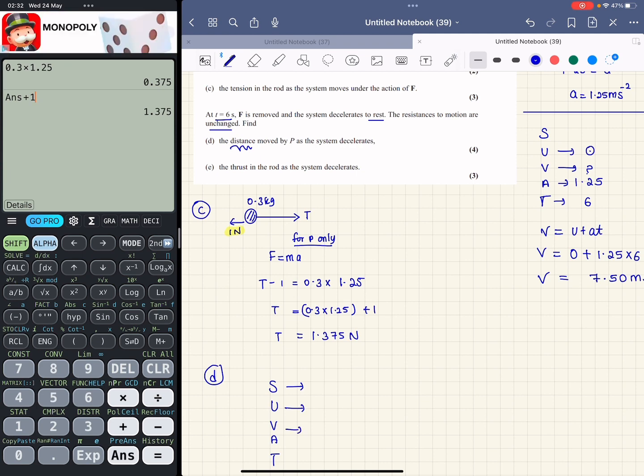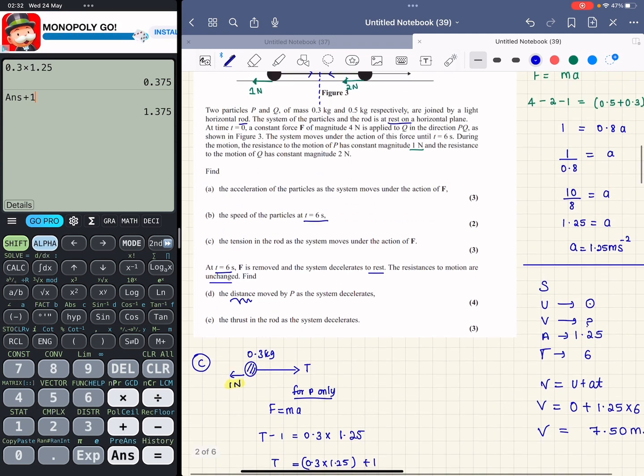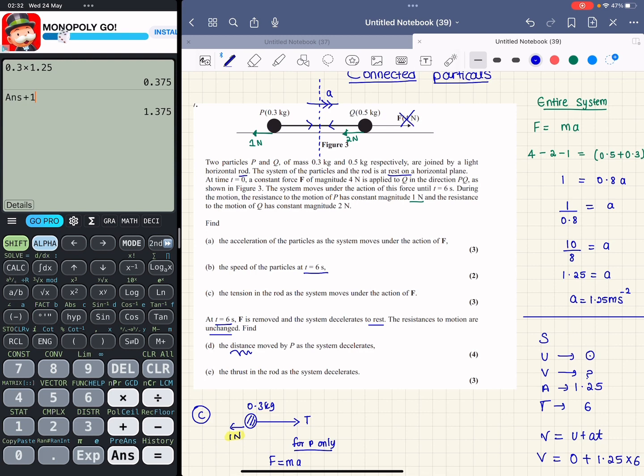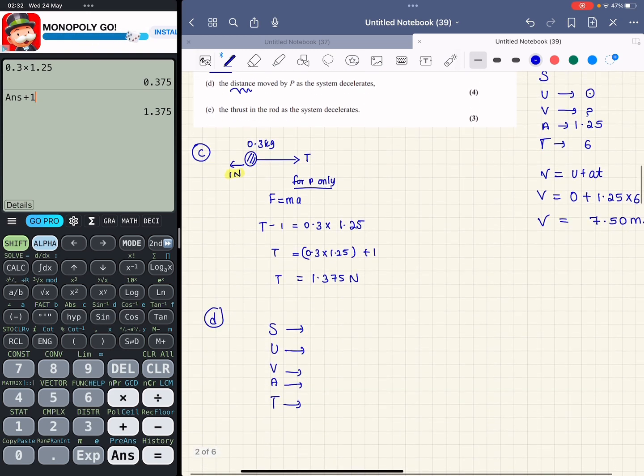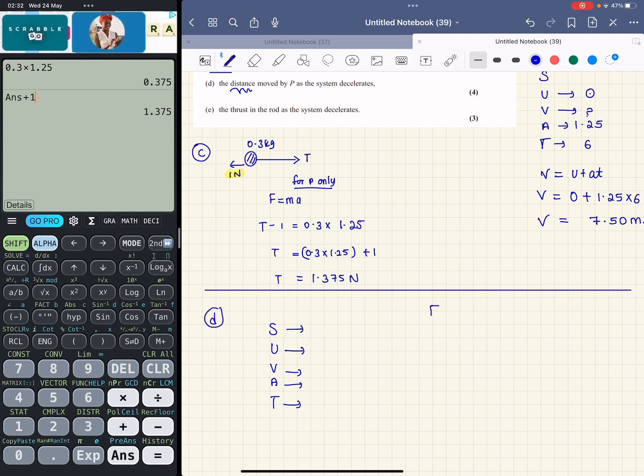Now what's happening is we are removing the 4 newtons. So 4 newtons is not there. So if the 4 newtons is not there, first thing is acceleration is going to change. So I'm going to do F equals ma for the entire system again.